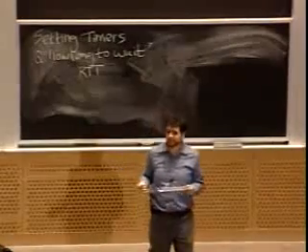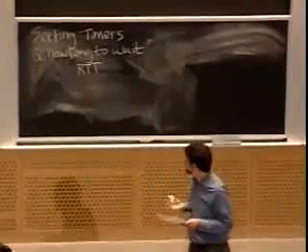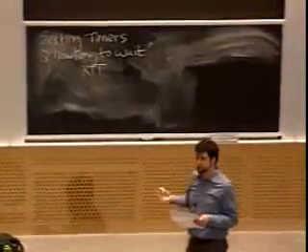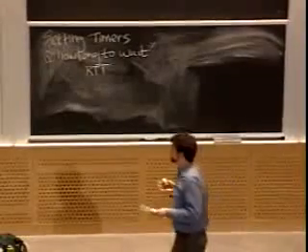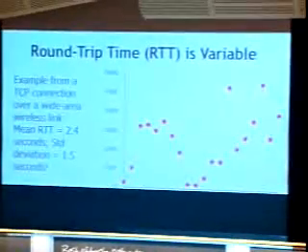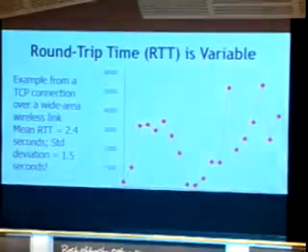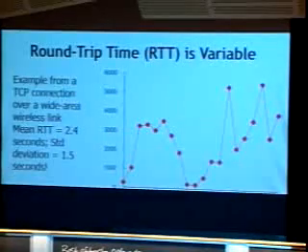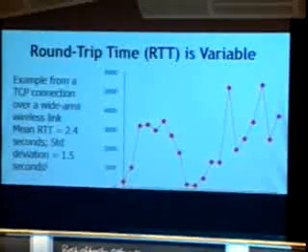But the problem is that this round trip time is not necessarily going to be constant over the whole lifetime of the network. Let me show you what I mean. This is a plot of some round trip time information from a wide area wireless link. These transit times are very long over this link, on the order of thousands of milliseconds.